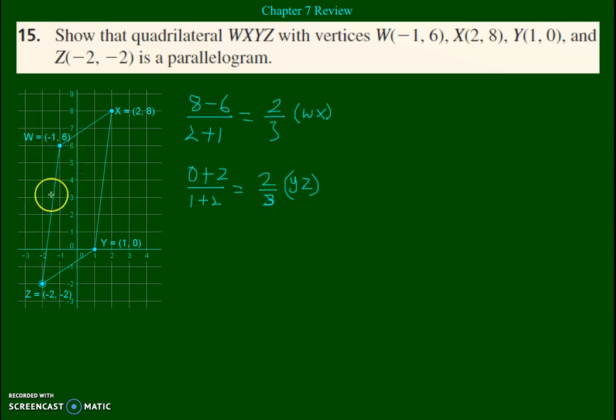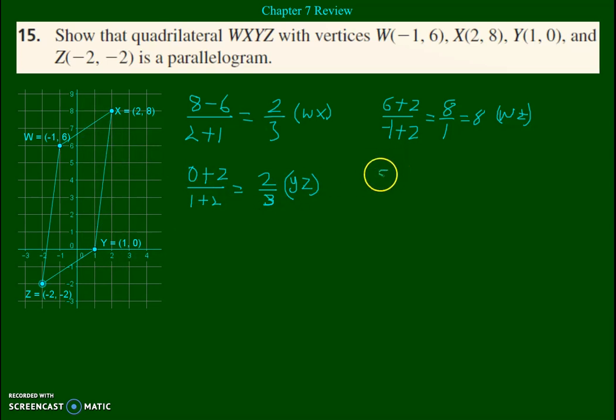Now let's work on WZ and XY. So WZ is 6 minus negative 2 and negative 1 minus negative 2, which gives us 8/1, which is 8. And this is WZ. And then let's do XY.